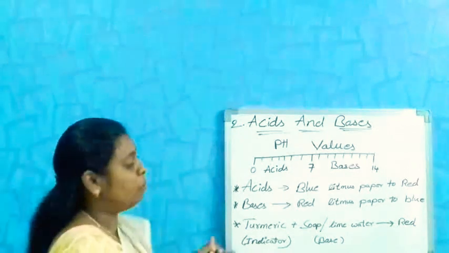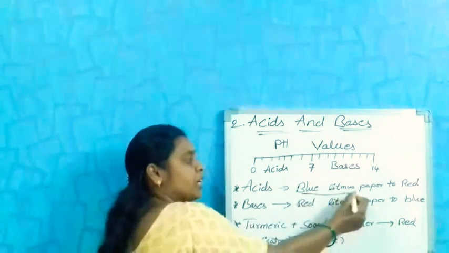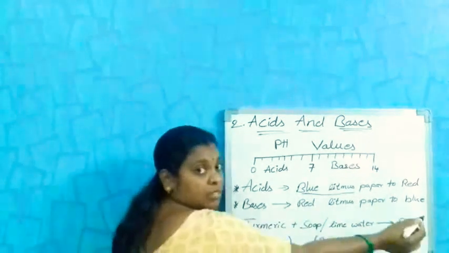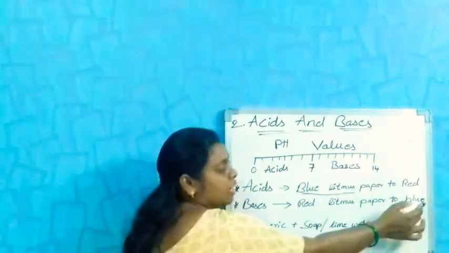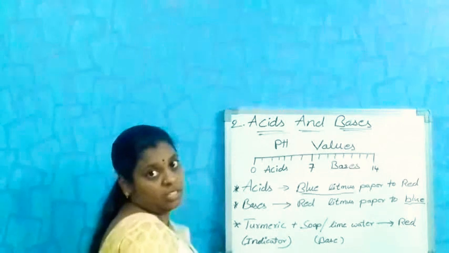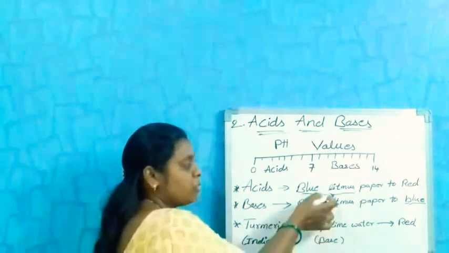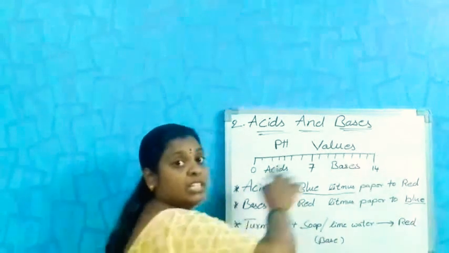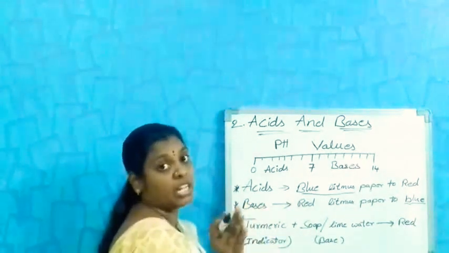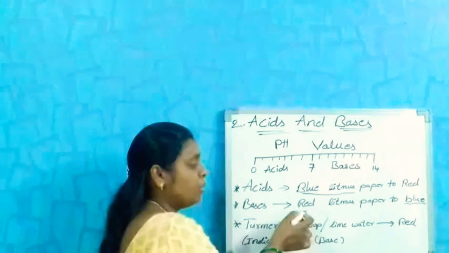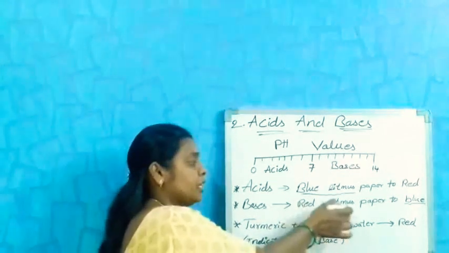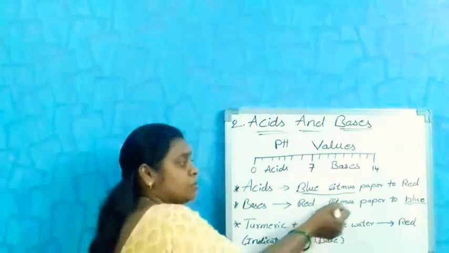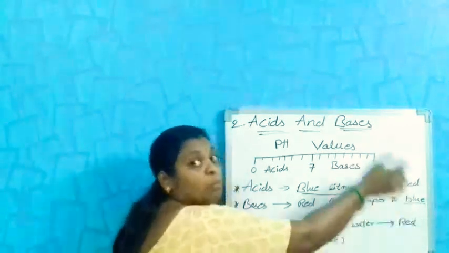Blue litmus paper remains blue because the base appears blue only. That's why if you place blue litmus paper, we cannot identify the substance, because there is no color change. That's why we place red litmus paper, so you can identify the difference. The red litmus paper turns to blue.